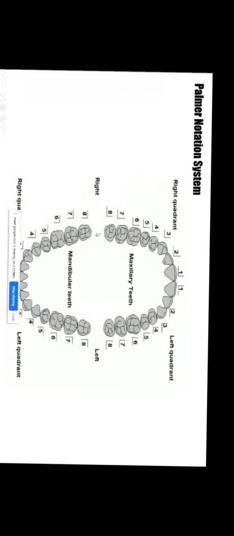Now, let's proceed to Palmer's notation. Ang Palmer's is least used, guys. Di kayo siya gamiton lang. Ang Palmer's notation, they use symbols. They represent quadrant. Example kani. For this symbol, this represents the upper right quadrant. And then you have number 1, same regapon, central incisor, lateral, canine, until third molar.